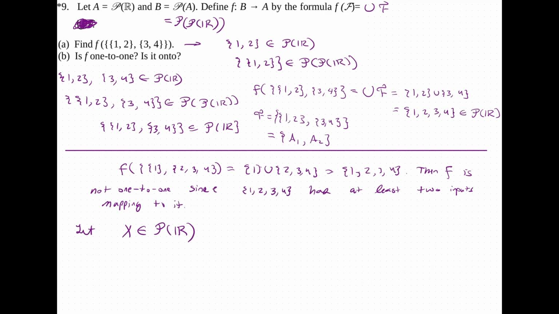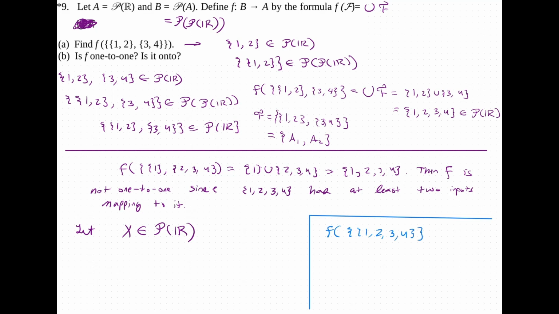And let's use our example here that we just did as a way of building intuition. So from that example, we have seen that the set {1, 2} and then the set {2, 3, 4} also maps to {1, 2, 3, 4}. But what if we took f of the set containing {1, 2, 3, 4}?